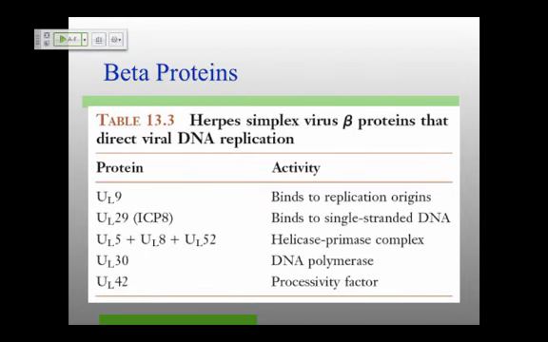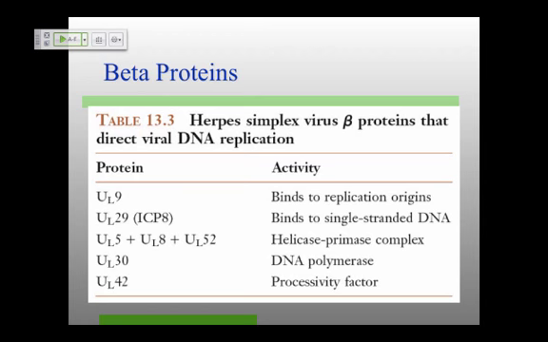Genome replication. So genome replication in herpes simplex virus have origin binding complexes, single-stranded DNA binding, helicase primase, DNA polymerase, processivity factor. Basically, everything you need to get replication is encoded for in the virus genome.